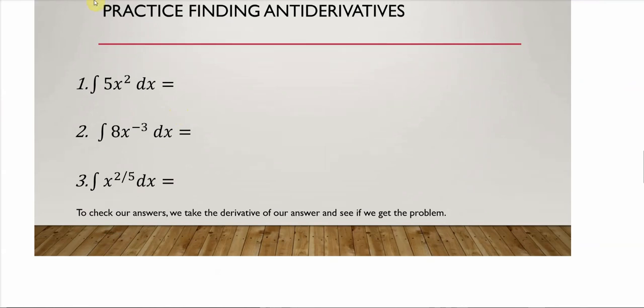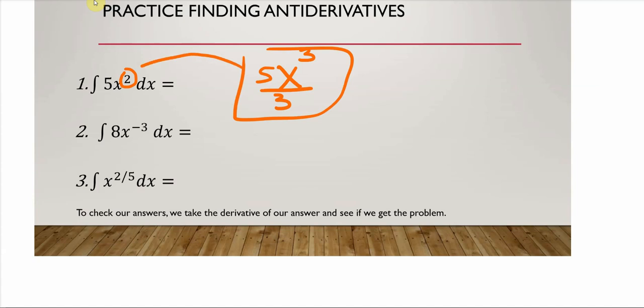So I'm going to add 1 to this guy, so I'm going to end up with x to the 3rd, and then I'm going to divide my coefficient by the new power, and that is going to be my antiderivative. So this is the antiderivative of this, but I'm going to put a plus c, and let me go ahead and explain that since I'm already here. Why do I put a plus c?